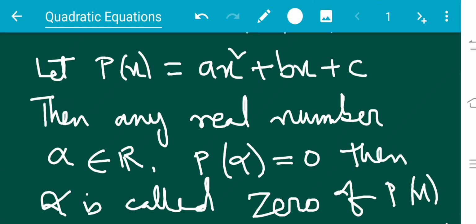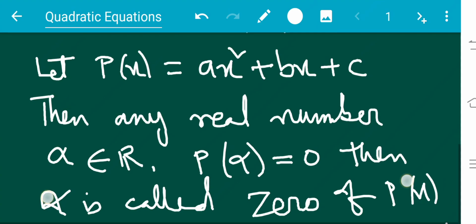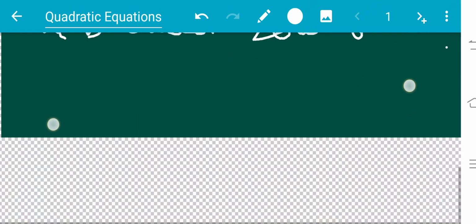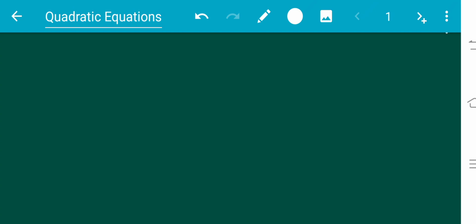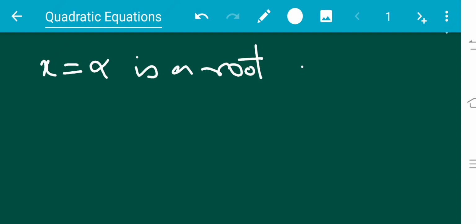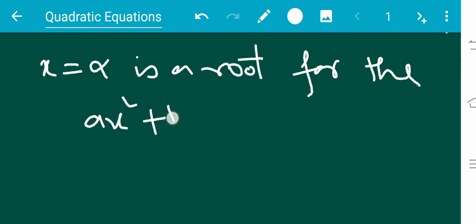In that case x equal to alpha is a root of the quadratic equation ax square plus bx plus c equal to 0.